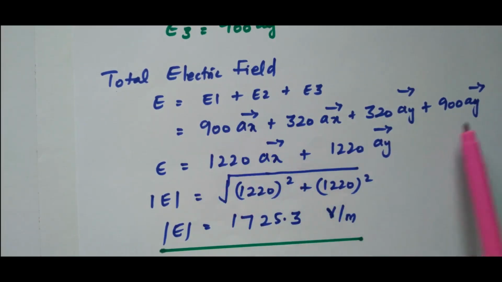Now we can add all, so that we get 1220 AX plus 1220 AY. Right? By taking the modulus, what we got? 1725.3 volt per meter. So the electric field intensity at the fourth corner due to the remaining three corners Q1, Q2, Q3 will be this value, 1725.3 volt per meter.